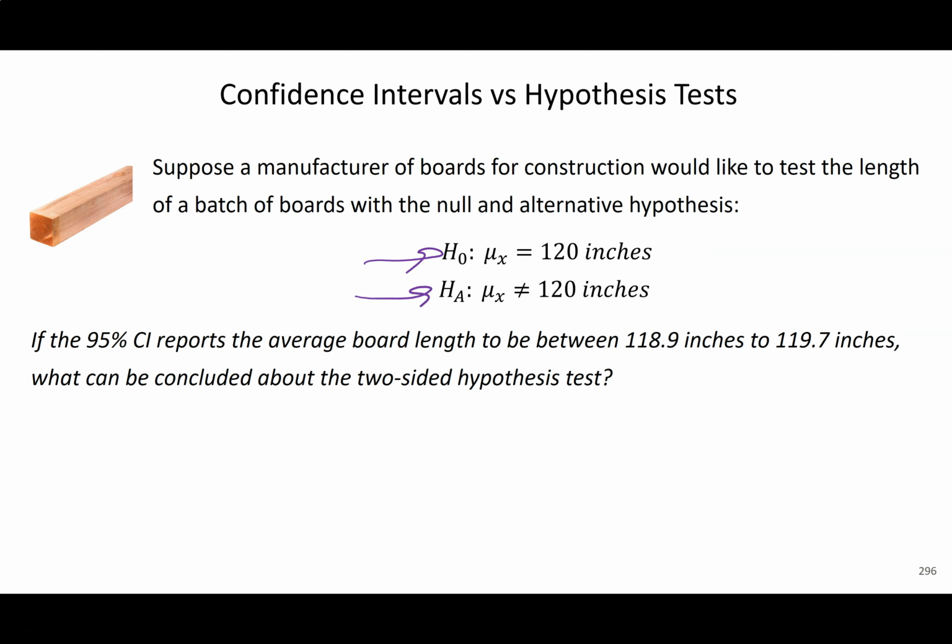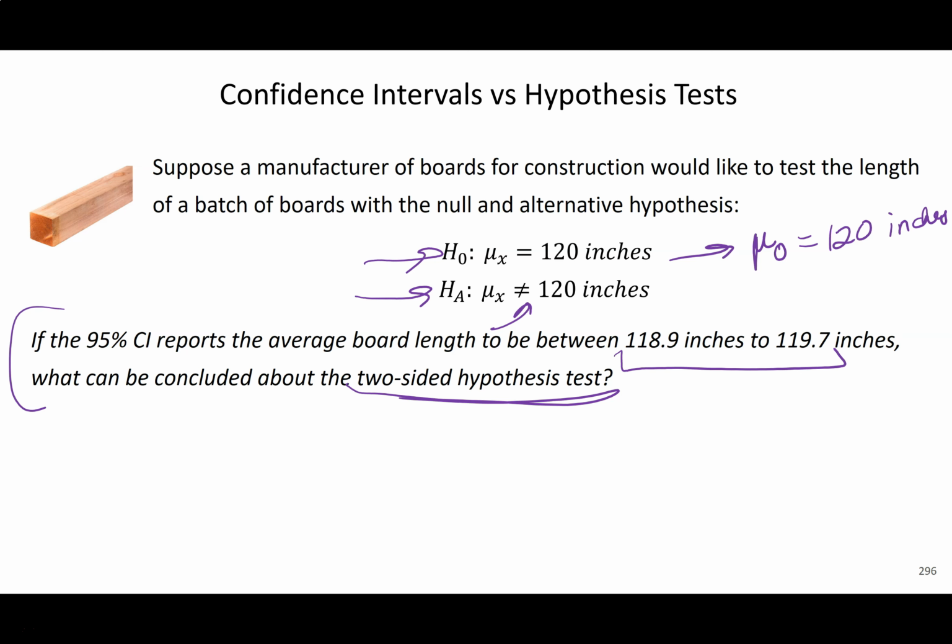And the alternative is that it's different than 120 inches. The thing to note is my null value here is 120 inches. So if the 95% confidence interval reports the average board length to be between 118.9 inches and 119.7 inches, what can we conclude for a two-sided hypothesis test?